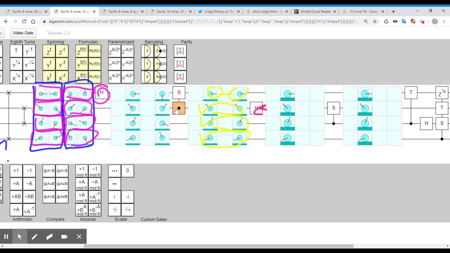I mean, come on. The control is on the second qubit from the right in here. Yeah, of course. So that should be on the third. Oh. Yeah, but it should rotate this one. And it doesn't. This shouldn't be rotated.